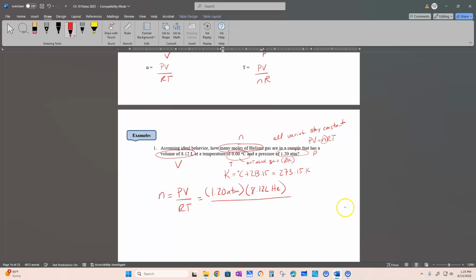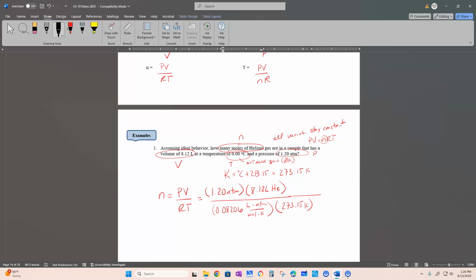Now the R, the gas constant, 0.08206 liters dot atm over mole dot K. And you'll see why R has 4 units in just a second. Temperature is 273.15.